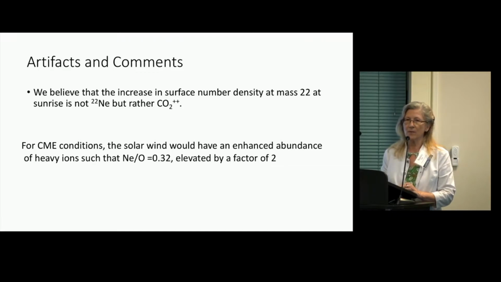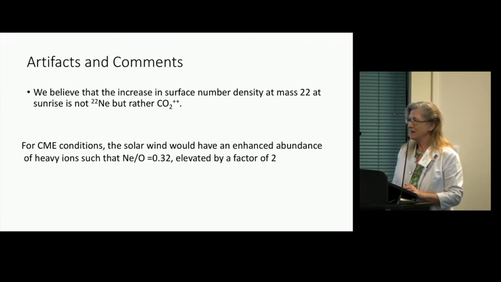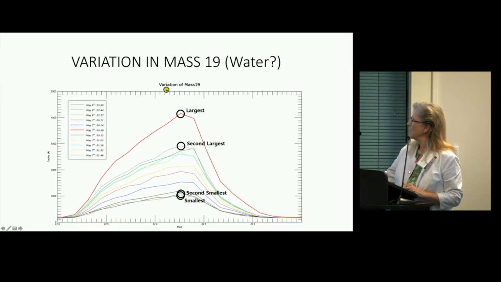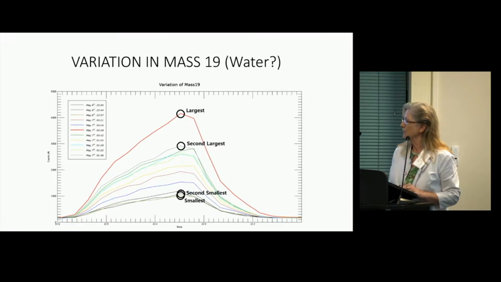From many measurements studying the solar wind, we know approximately what the increase in neon 20 in the solar wind would have been for a CME condition. This is a time sequence going from the bottom to the top, and all of this happened on May 7th, 1973, over a period of about 2 hours.